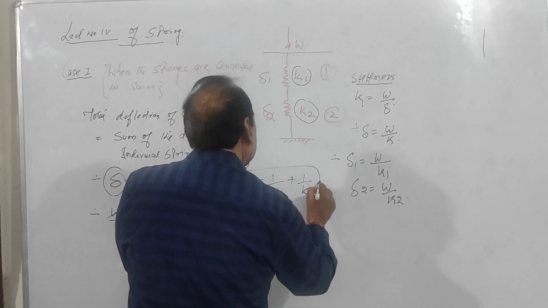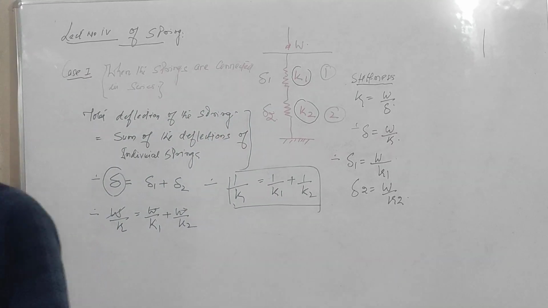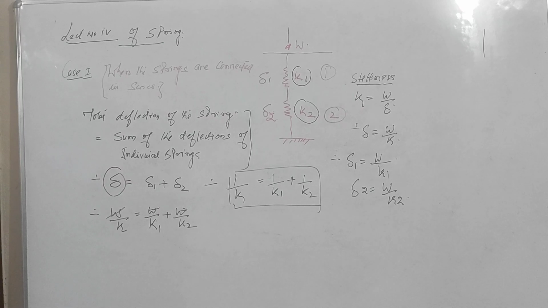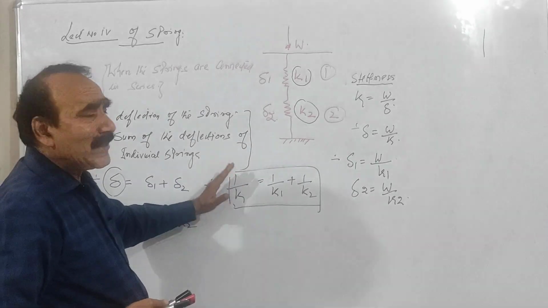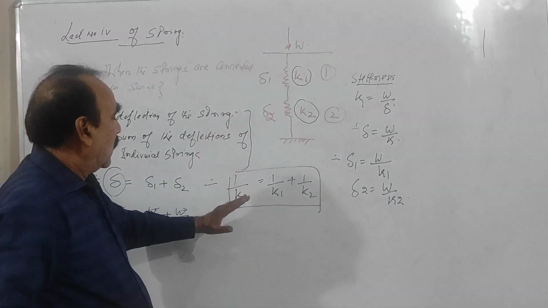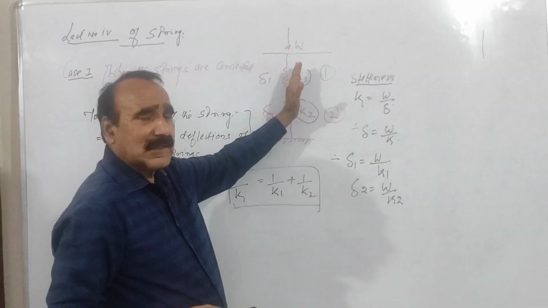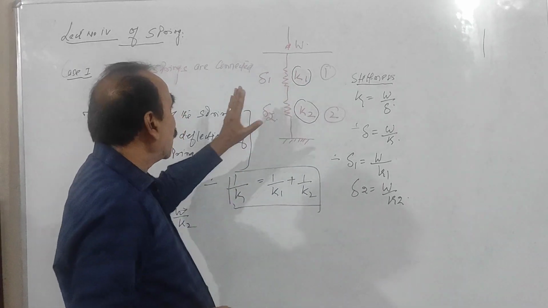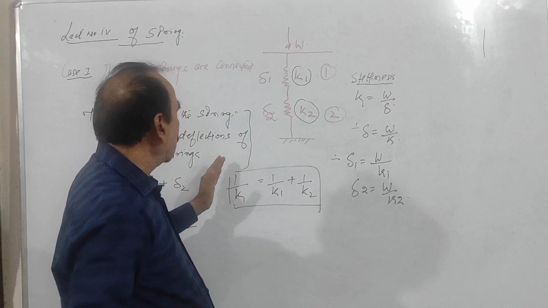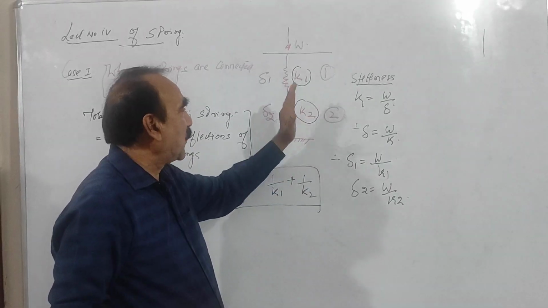This is the very important equation when the springs are connected in series, where K is the total stiffness of the spring, and the two springs have stiffness K1 and K2.